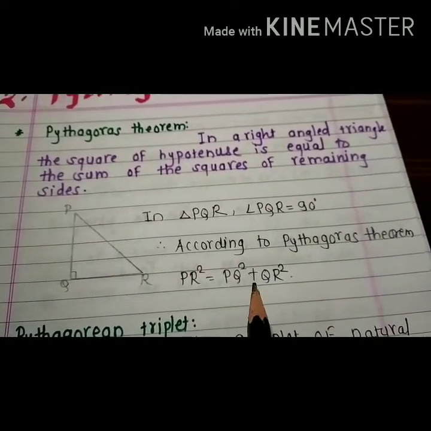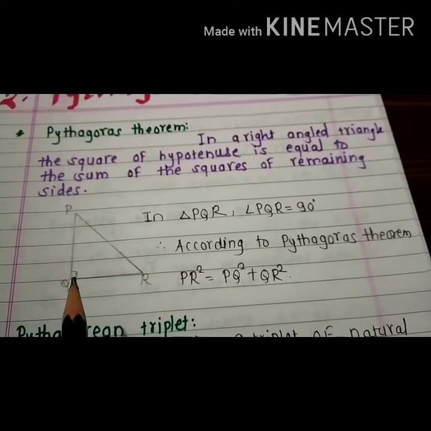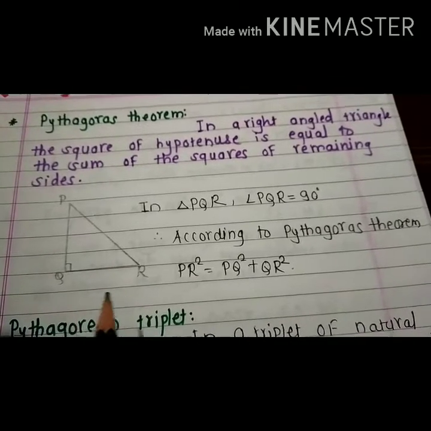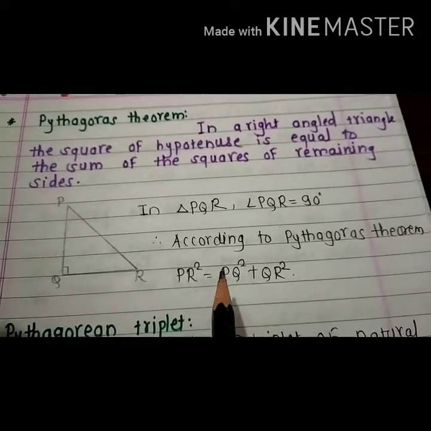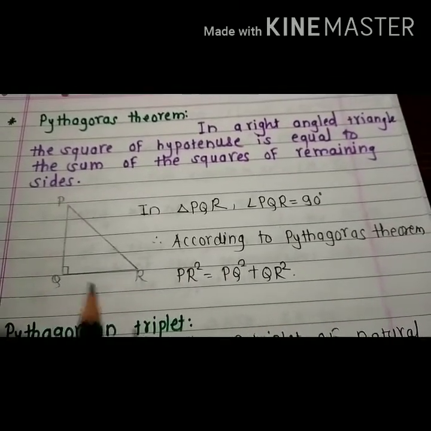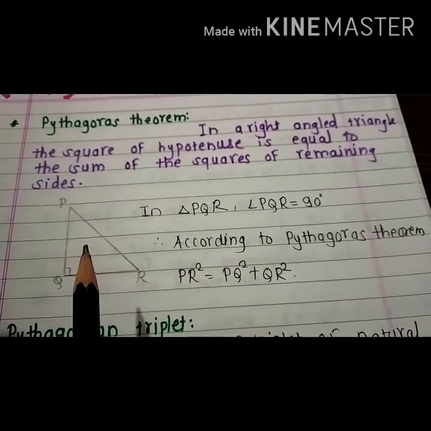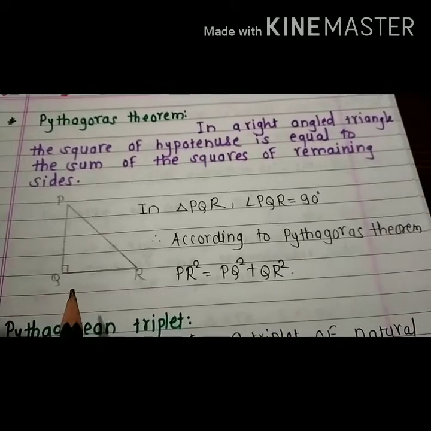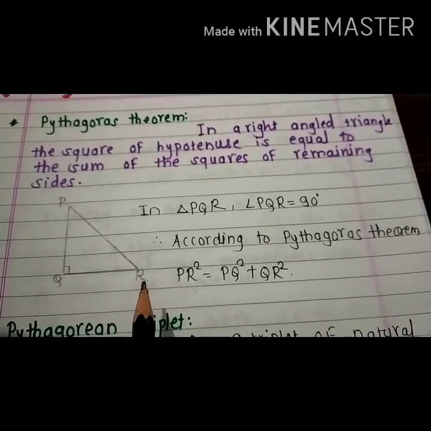Sum means addition of squares, but which sides? Remaining sides, means PQ square plus QR square. Therefore, in right angle triangle PQR, according to Pythagoras theorem, PR square is equal to PQ square plus QR square.